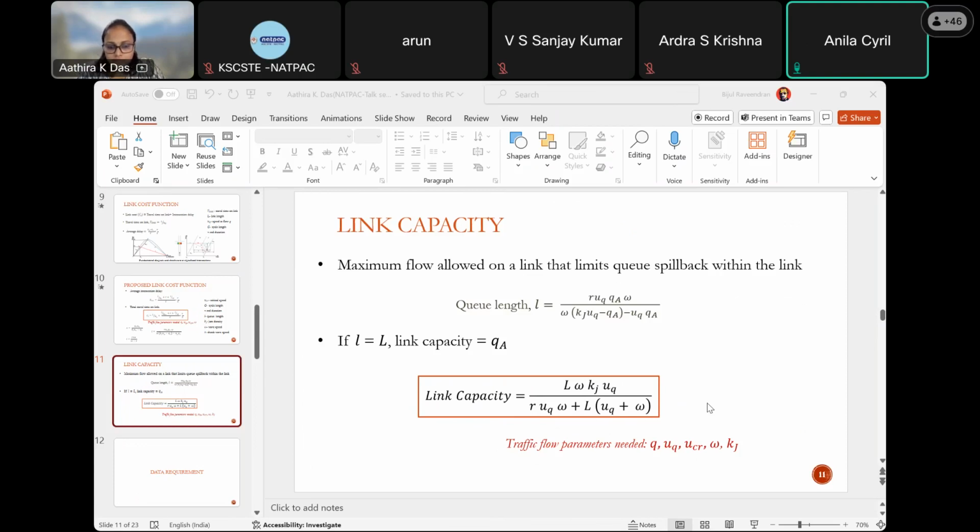Dr. Aathira, your presentation has been really enlightening, rooted in the theory of shockwave analysis and the parameters of the mixed traffic fundamental diagram. Your work provides a critical pathway towards improving traffic management and infrastructure development, benefiting both the academic community and practical applications in urban planning and traffic engineering.